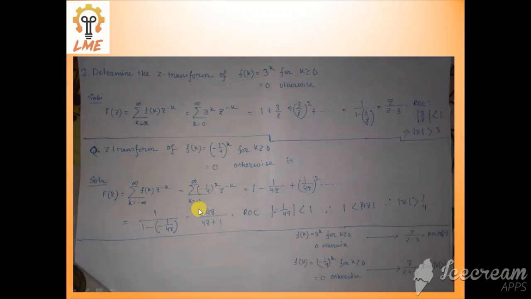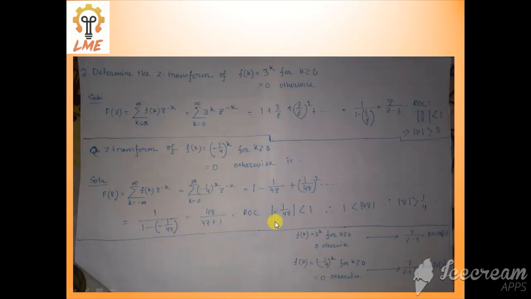So the sum of this infinite GP series is 1 by 1 minus of minus 1 by 4z. Why? Because the common ratio is minus 1 by 4z. See, minus 1 by 4z divided by 1 is minus 1 by 4z, the common ratio. Or 1 by 4z square divided by minus 1 by 4z, you will get minus 1 by 4z. So everywhere the common ratio is minus 1 by 4z.